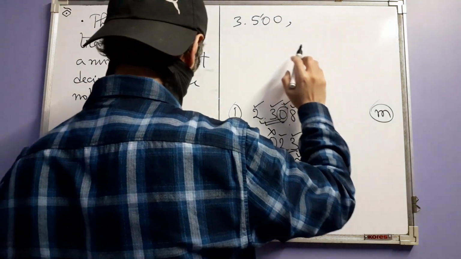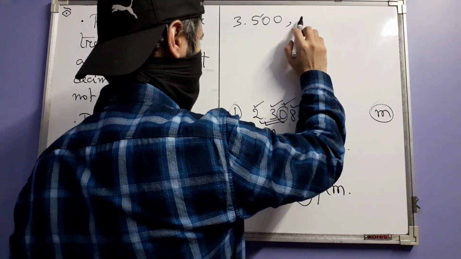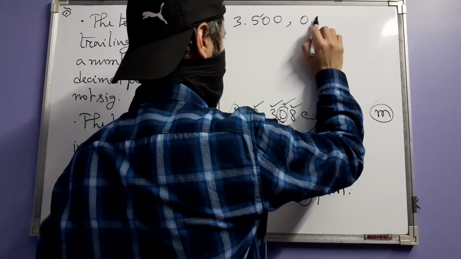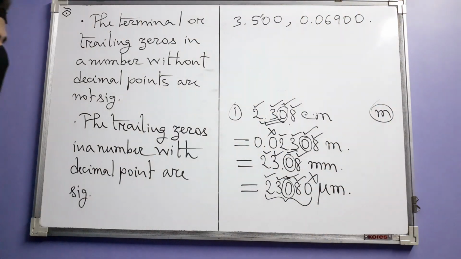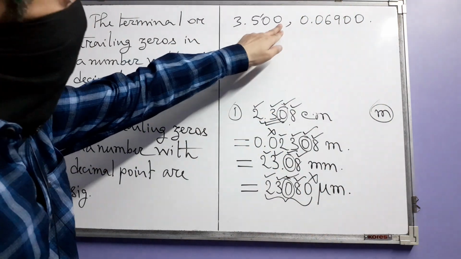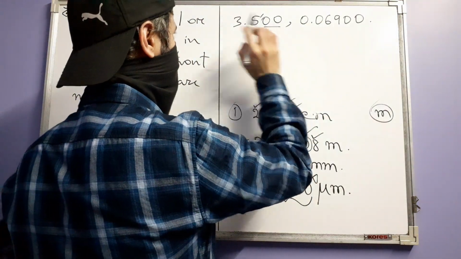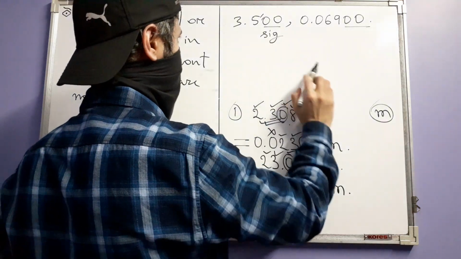In these numbers, with whatever units there are after these numbers, actually I can write anything, but let me simply write this. In these numbers, these zeros are significant because these are numbers with decimal points.